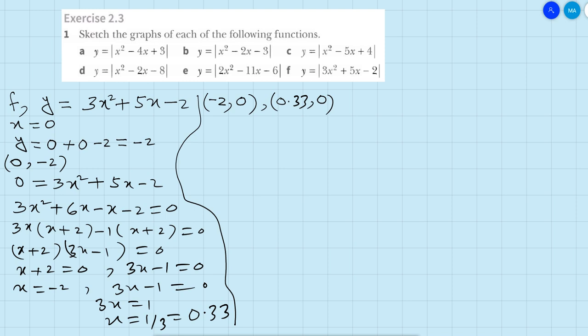Now find the coordinate of maximum or minimum point. Just add both the values of x, minus 2 plus 1 upon 3, upon 2.